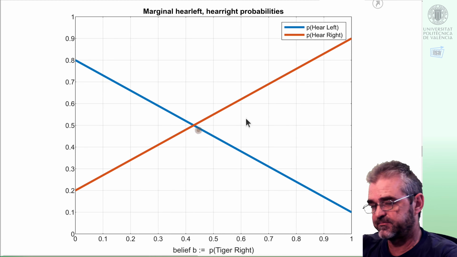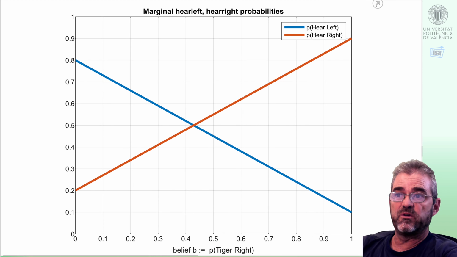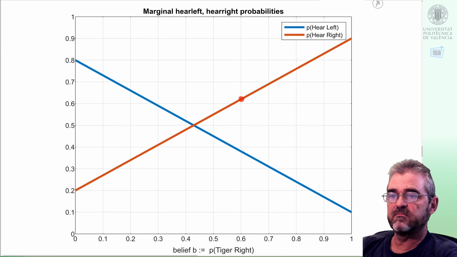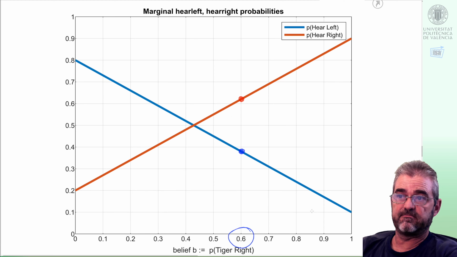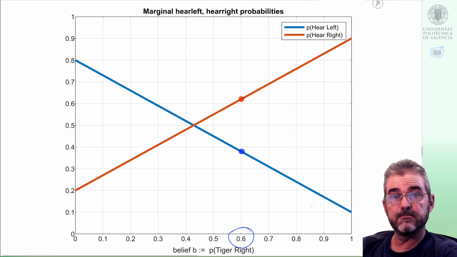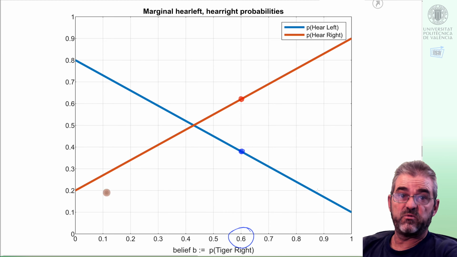For instance, the numbers we obtained a couple of minutes ago were those for B equal 0.6. But in general, for any value of B, we have these linear expressions, and the important thing is realizing what the extreme points at 0 and 1 are.